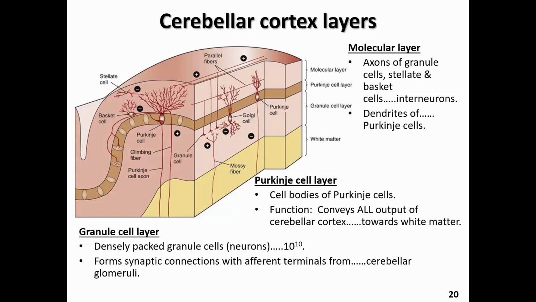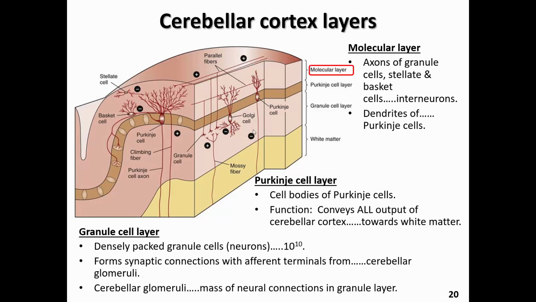And the granule cell layer forms connections with afferent terminals from a region called the cerebellar glomeruli. And the glomeruli just refers to a mass of neural connections in that granule layer. And when you pack this many neurons in one location, you're going to have numerous synaptic connections.